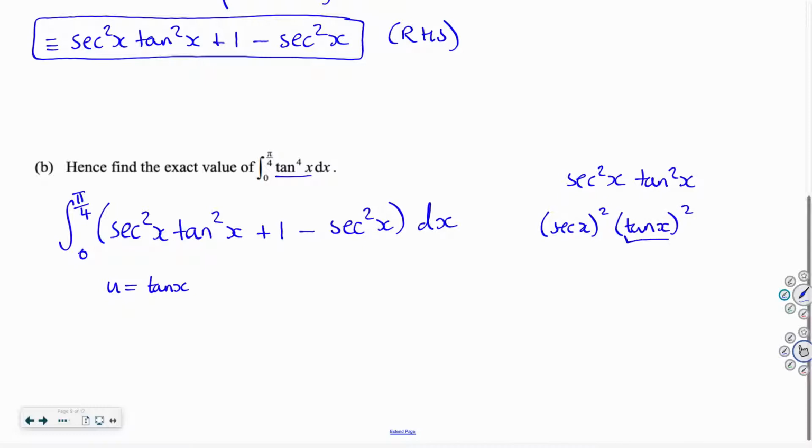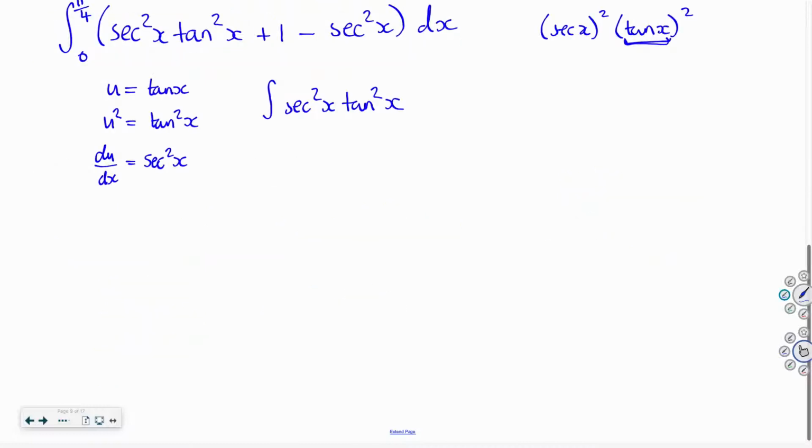So if u equals tan x, u squared will equal tan squared x. And if we differentiate u, du on dx, when you differentiate tan, you get sec squared x. So I'm going to split this up and just do the sec squared x tan squared x integral on its own.